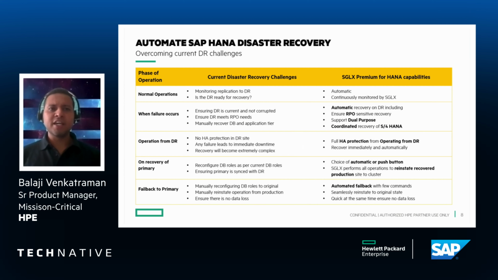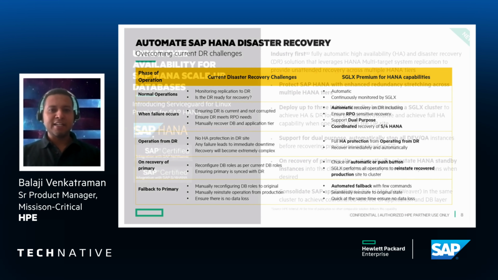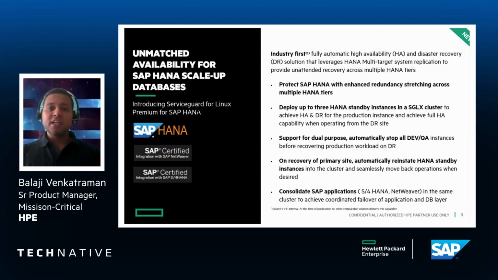It saves them so much time and ensures that they can keep their SAP HANA environments up and running. So that's all about Serviceguard for Linux Premium. Just to summarize, we are the industry first fully automatic high availability and disaster recovery solution for your HANA multi-target environments, so you can now have multiple redundancy levels, all automatically managed.